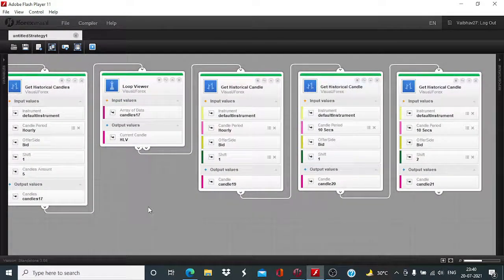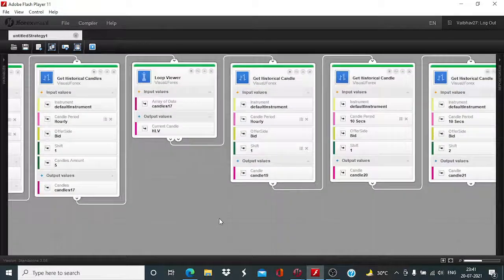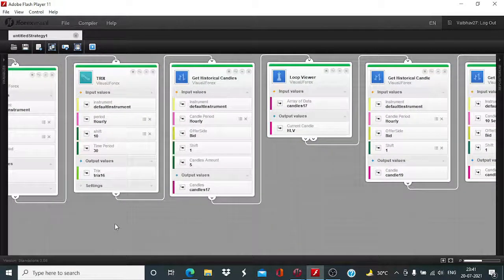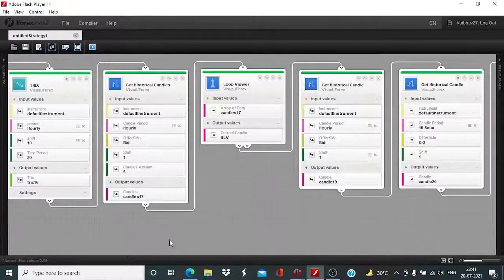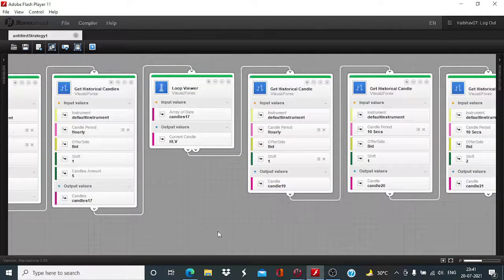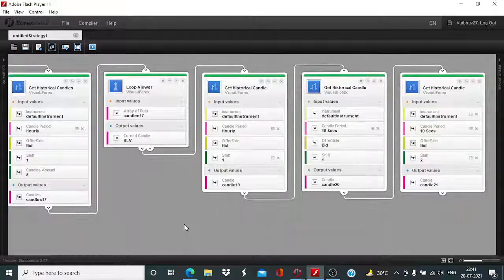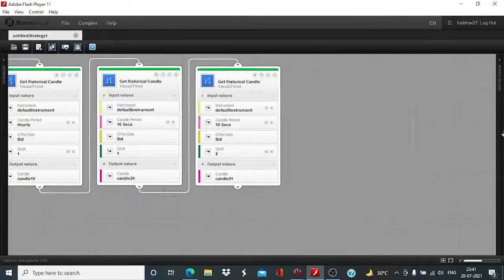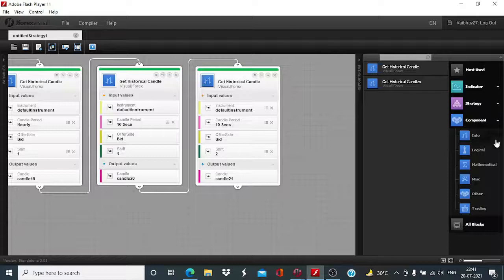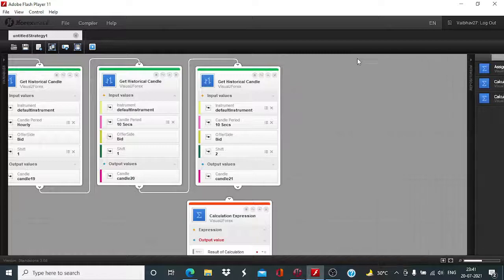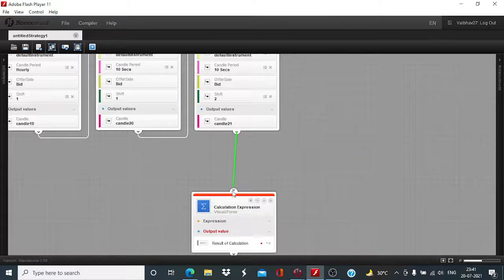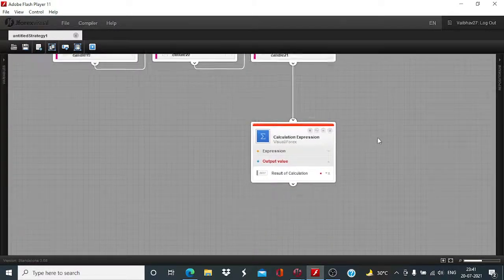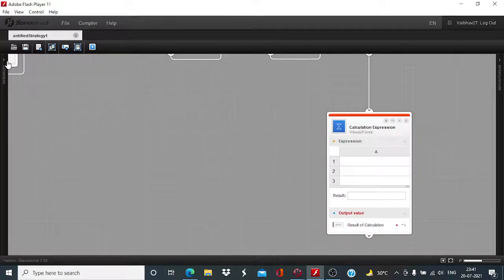Now we need enough volatility prior to the execution of the order, so we will take this price volatility in consideration, and we will need the difference between the high and the lowest point over the last 5 hours to be at least more than 20 pips apart. And for that we have to define 20 pips. For that we have to take calculation expression, and it's fairly simple.